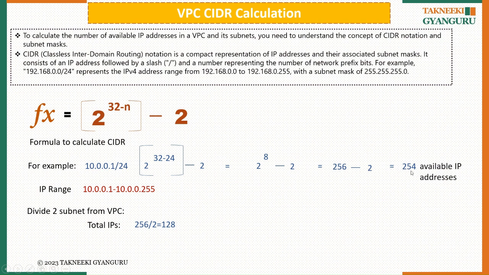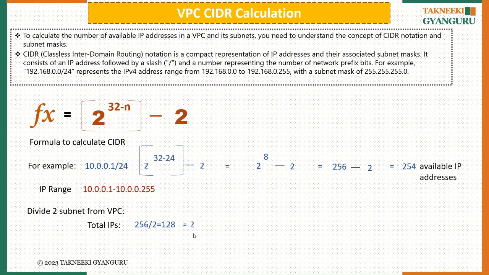This minus 2 is 254, which is the available IP addresses, but the total should be 256 in this CIDR block. So we divide 256 by 2, which is 128, because we want two subnets. So we should have two subnets, 128 IP addresses and 128 IP addresses.